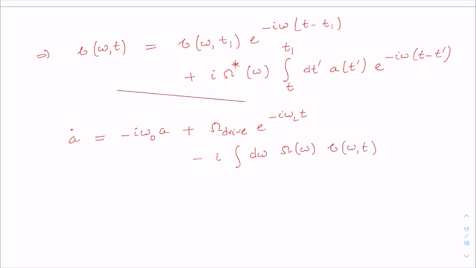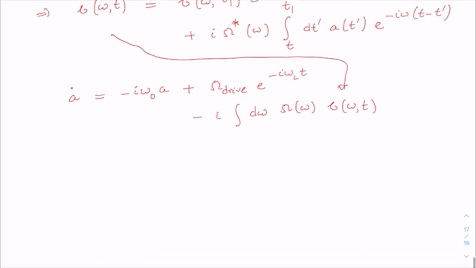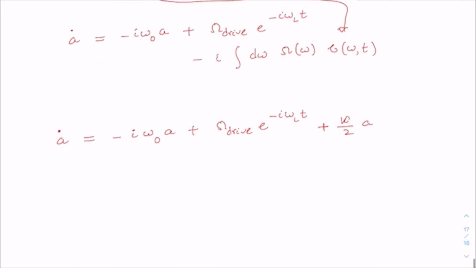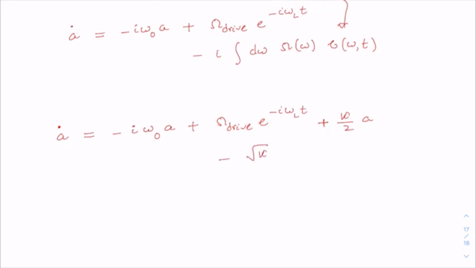So let me put this particular solution here, and in a similar fashion we will be able to get the time evolution equation for the optical mode in this form when we go in the backward direction in time. Now I have a dot is equal to minus i omega 0 a plus omega drive e to the power minus i omega L t plus, now here we have plus kappa by 2 a and minus root kappa.